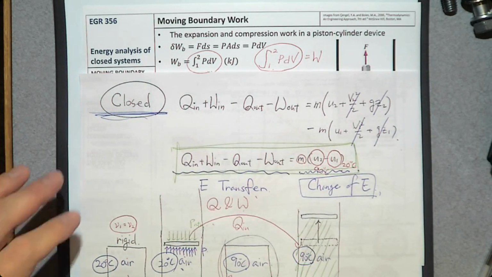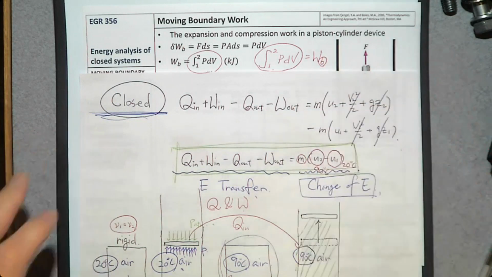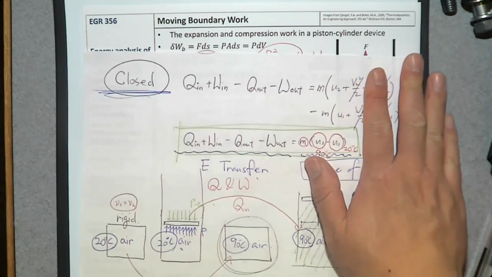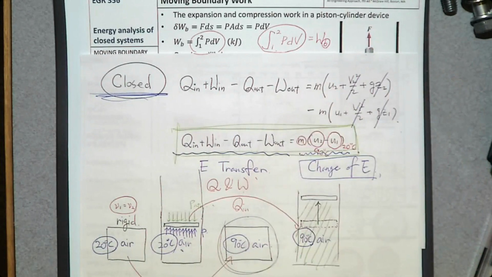That is WB. What does this B stand for? Boundary. That is moving boundary work. Then where is this moving boundary work from? This is the work done by the air to the surroundings, because this air is pushing the piston away, right?